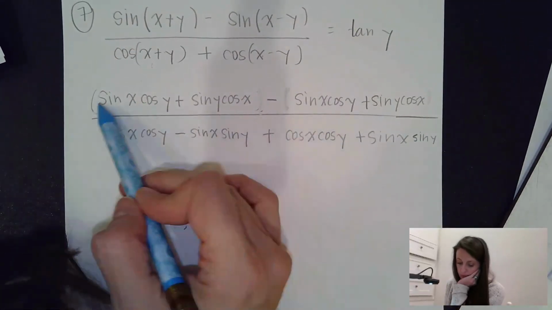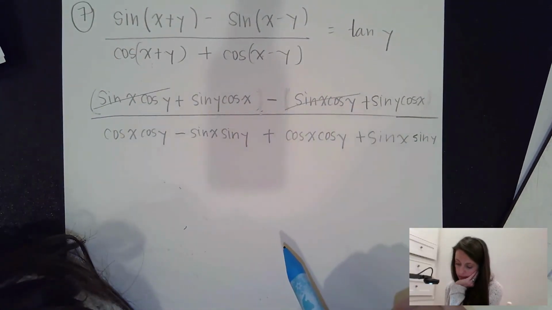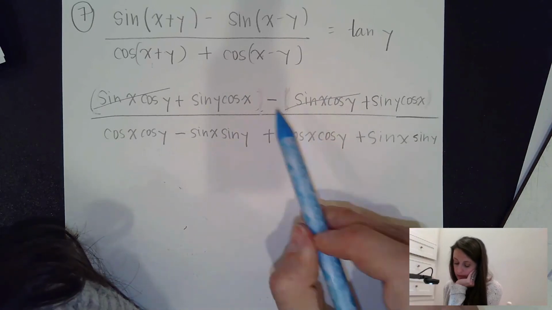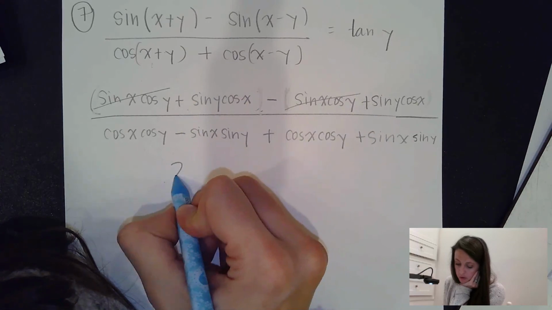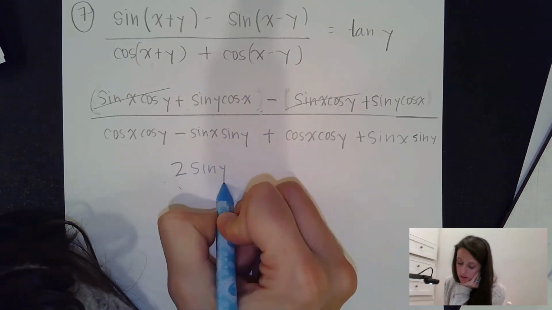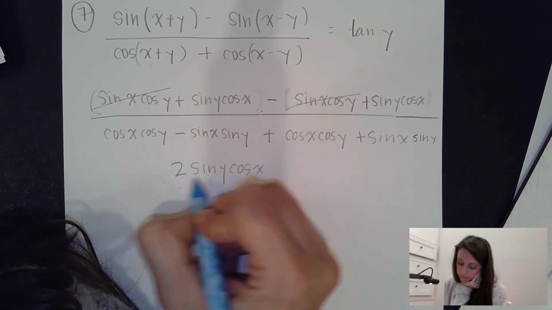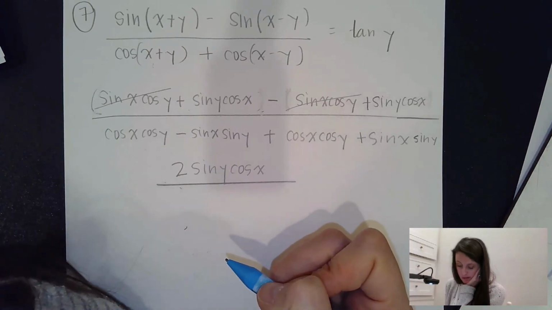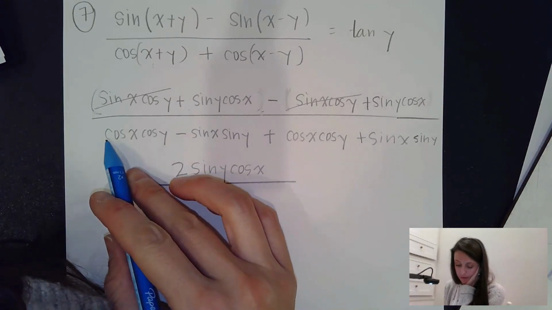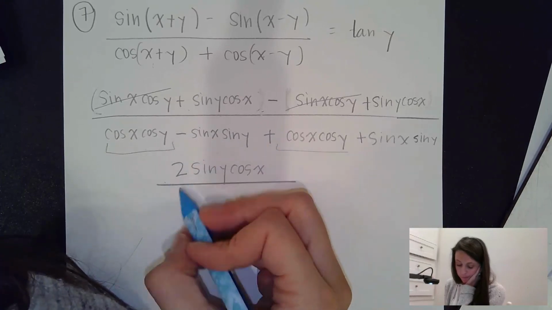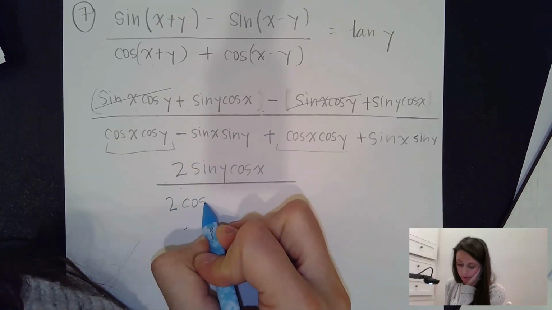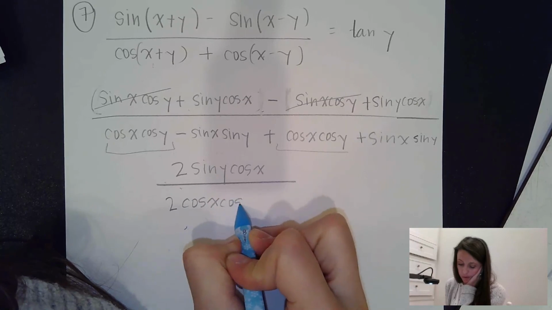So here what happens, your sine of x cosine of y terms are going to go away. Here you're going to be left with 2 sine y cosine of x. And then in the denominator here you'll have 2 cosine x cosine y.